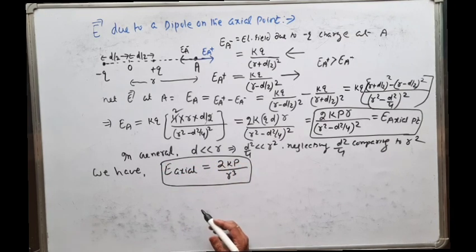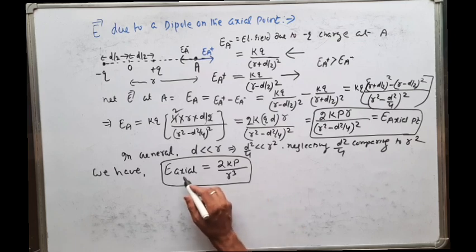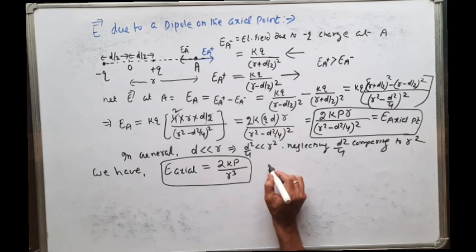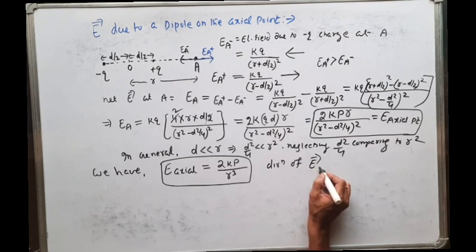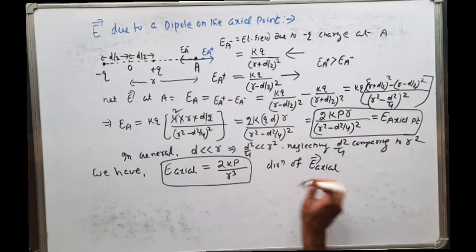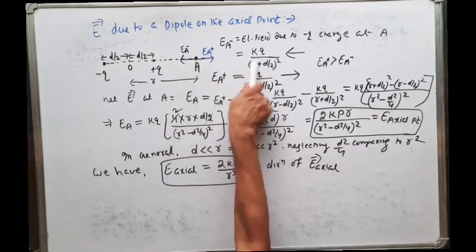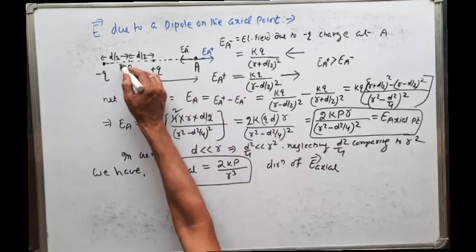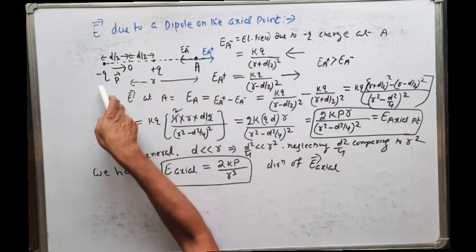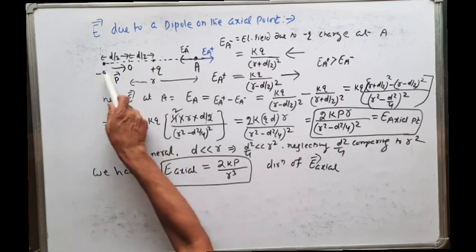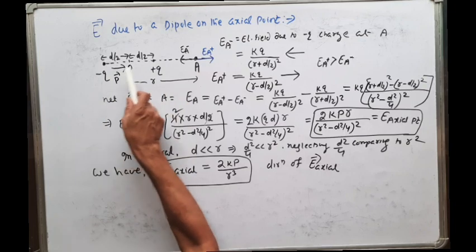And what is the direction of this electric field intensity at axial point? The direction of electric field intensity at axial point is towards right. Towards right means what is the direction of the dipole moment? Dipole moment direction is along the line from minus q to plus q.